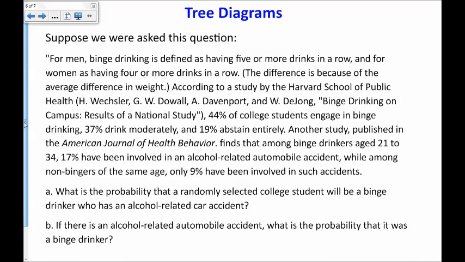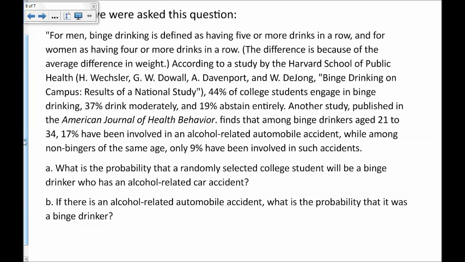Okay? Suppose we are asked this question. For men, binge drinking is defined as having 5 or more drinks in a row, and for women as having 4 or more drinks in a row. The difference is because of average difference in weight. According to a study by Harvard School of Public Health, 44% of college students engage in binge drinking, 37% drink moderately, and 19% abstain entirely.